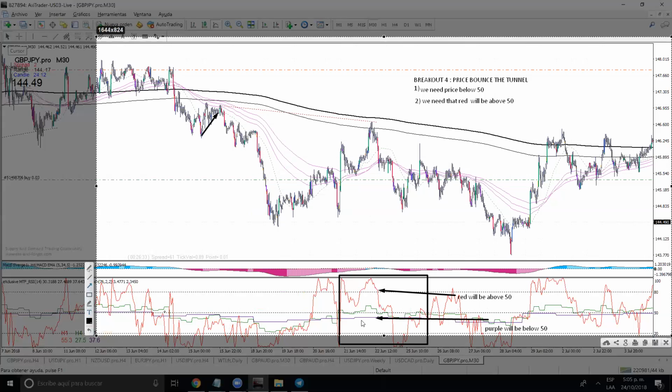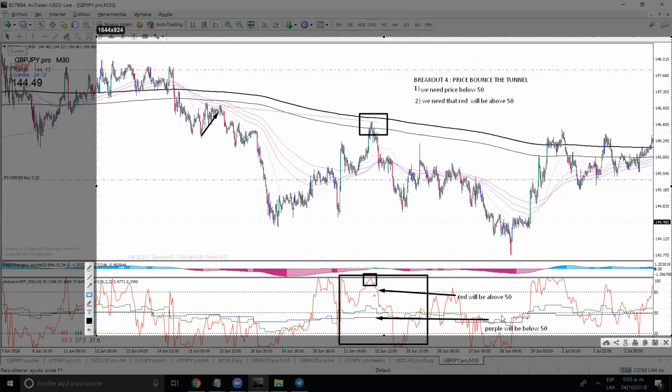When the pattern is touching the tunnel, it's going that way, touching the tunnel, but it's not crossing up. It's just going to bounce in the tunnel. Like in this case. If we have the configuration purple below 50, red above 50, and it's in the overbought area, it's much better.